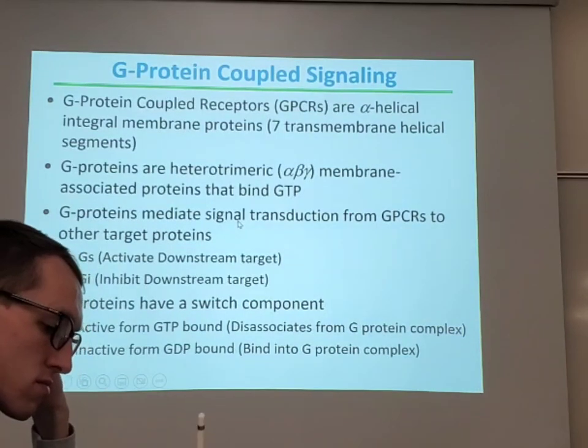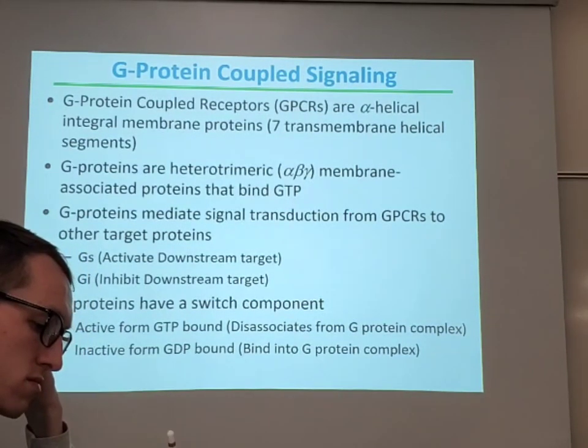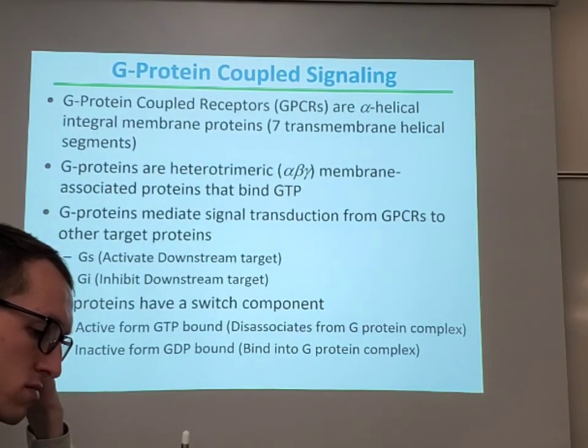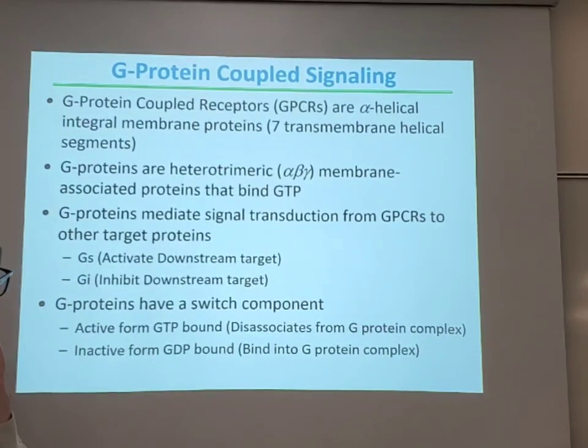So we start initially with the GPCR. Now, if you have never heard the phrase G proteins and GPCR, you've got a lot of catch up to do at this point, but it's not because you did something wrong. There's just a lot of information that's going to come at you really quick.